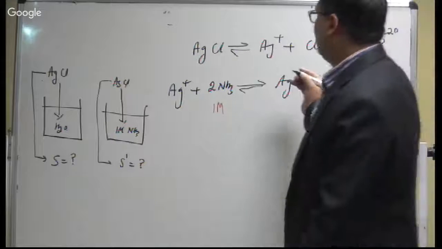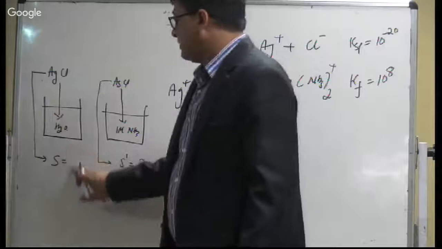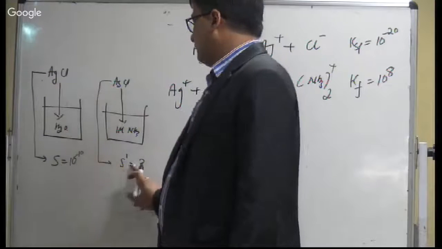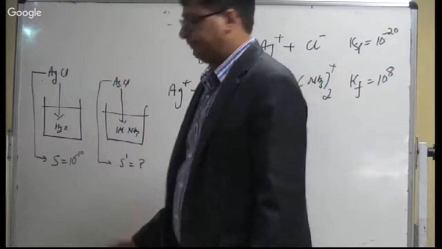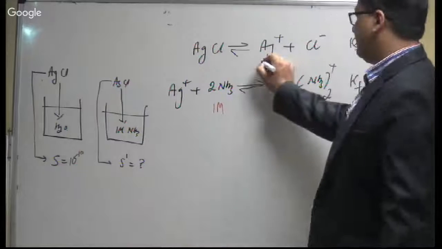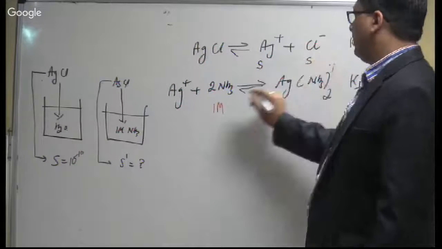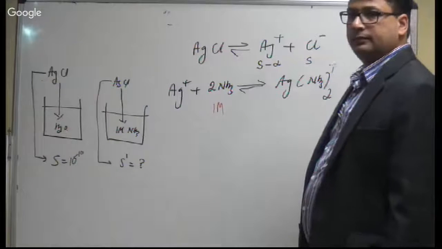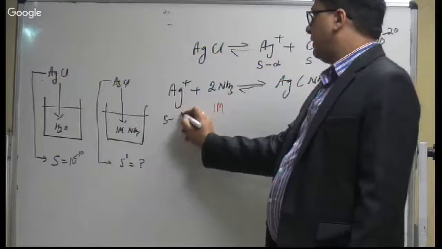See, the answer of this S will be less than 10 to the power minus 10. Let's say the solubility is S. In ammonia, this reaction goes in the forward direction. This will be S minus alpha.